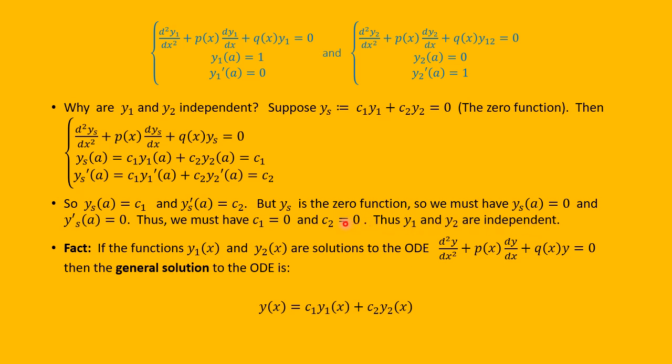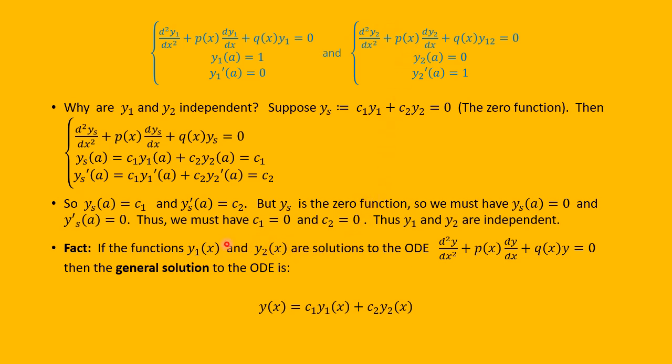Okay, so we have now shown that these two solutions to this one differential equation, basically with different initial conditions, give us two linearly independent functions, y sub 1 of x and y sub 2 of x.